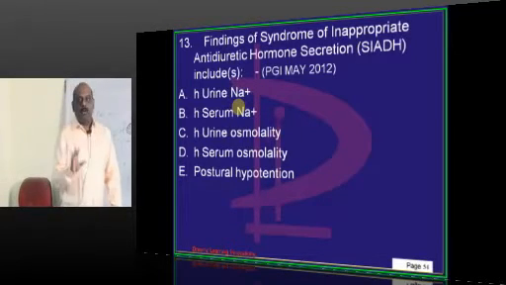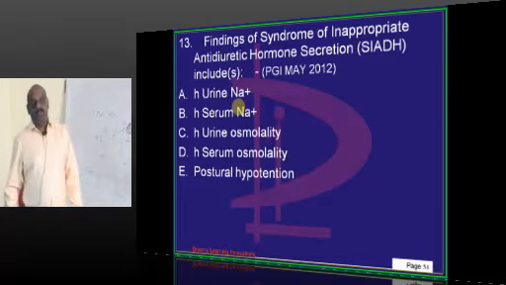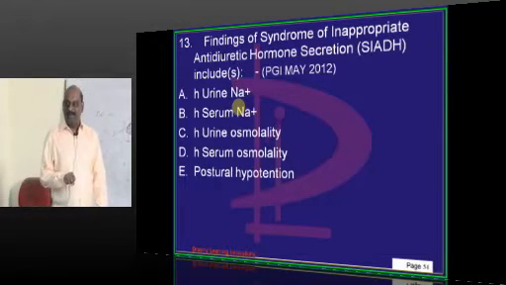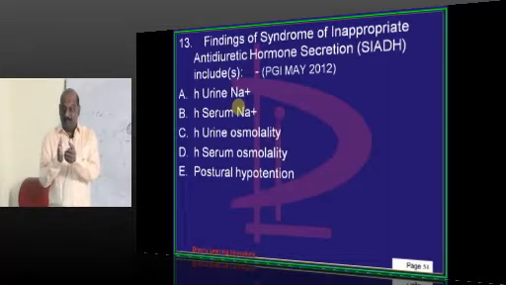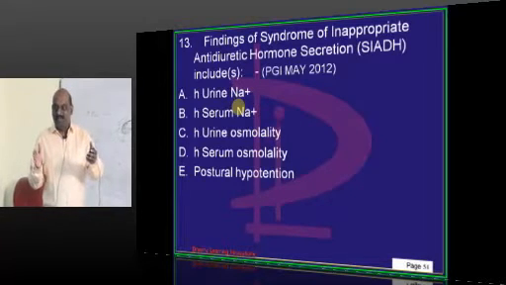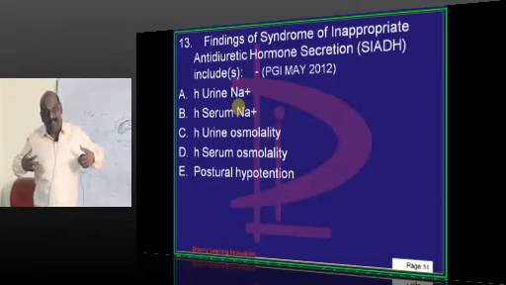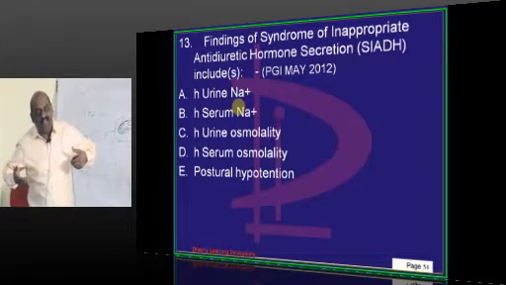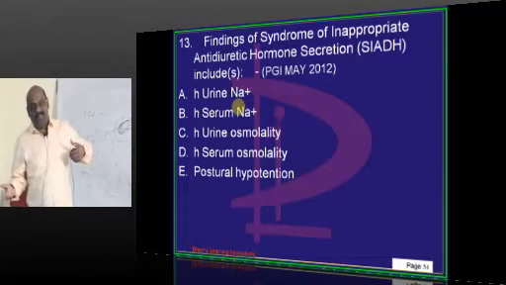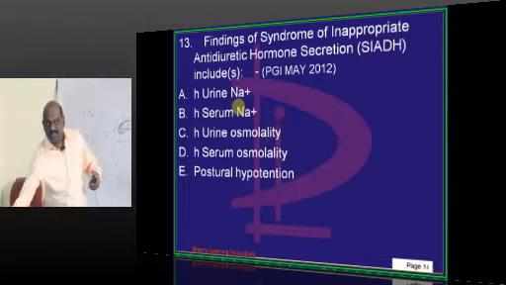In a euvolemic individual, if there is a hyponatremia, then it is called inappropriate ADH secretion. When ADH is inappropriately secreted, what will it do? It leads to retention of water. That retained water, what will it do to the plasma? Plasma becomes more in volume. And what will that do? It will stretch the atria, and that releases the atrial natriuretic peptide, and that leads to natriuresis.